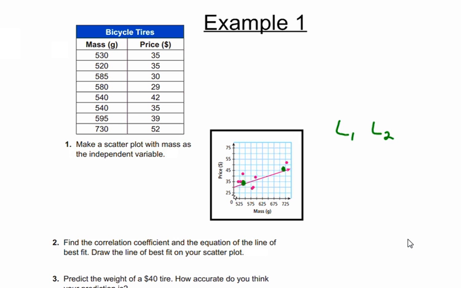If you're familiar with that, awesome, and if not, we'll go through it in class. This is going to have an R value around 0.6 or so, one of those examples where things are kind of scattered around. And then if we're predicting the weight of a $40 tire, we can look over here and come across and say that's going to be about 650 grams, because at 40, it's about 650 grams.